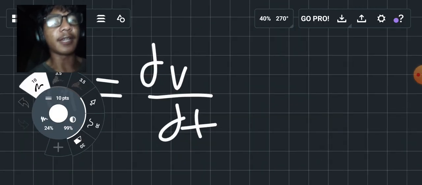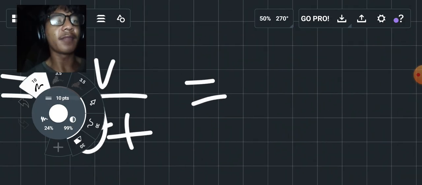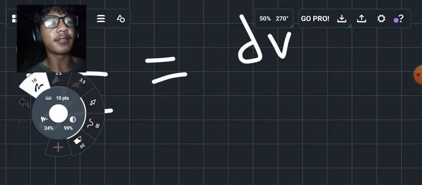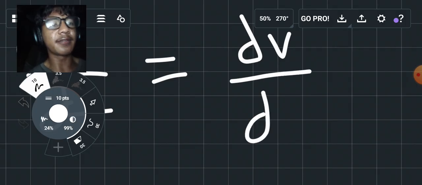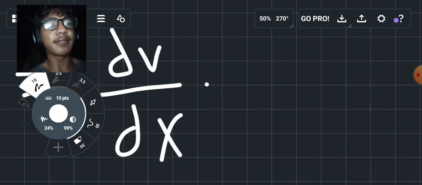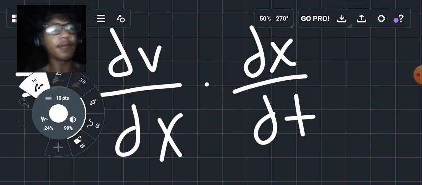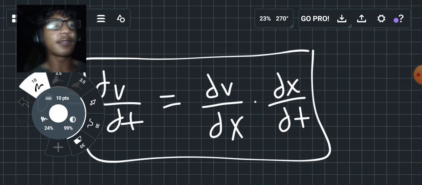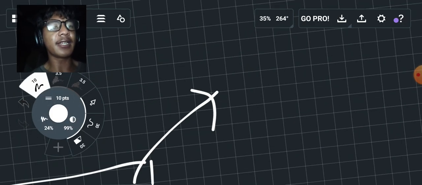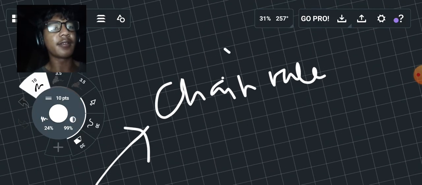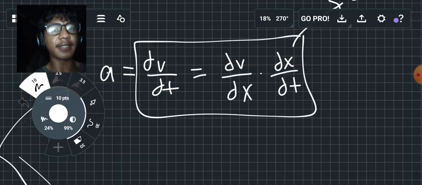Okay, so we use the chain rule. We will use the fact that it is equal to dv by dx times dx by dt. By the chain rule of differentiation, this is guaranteed to be true.